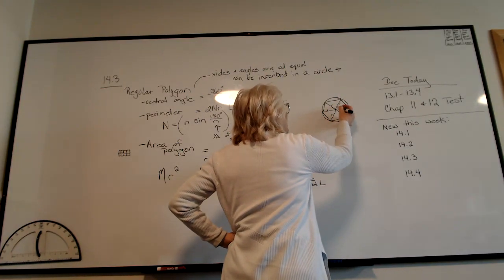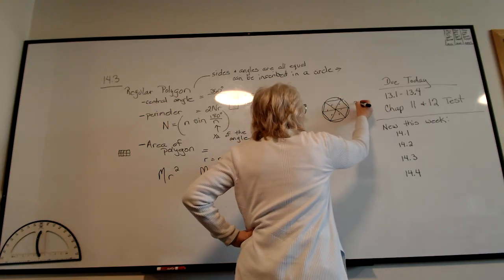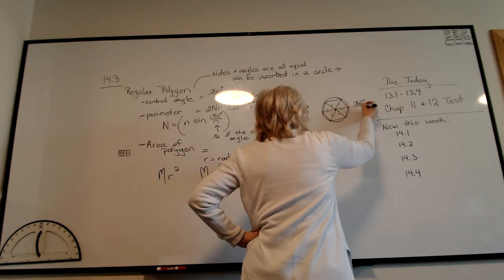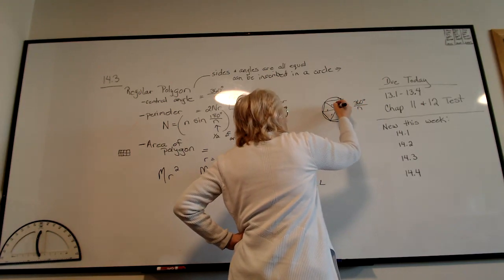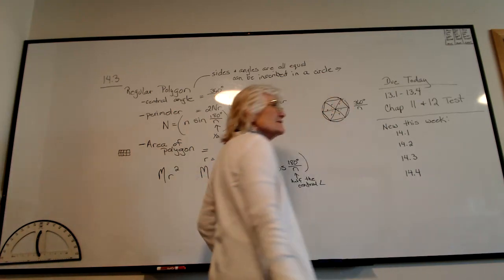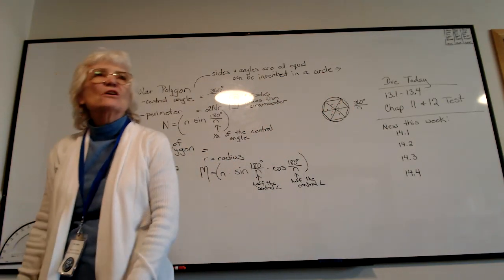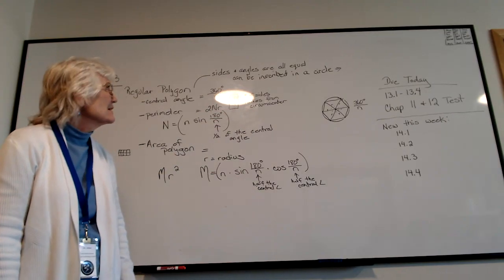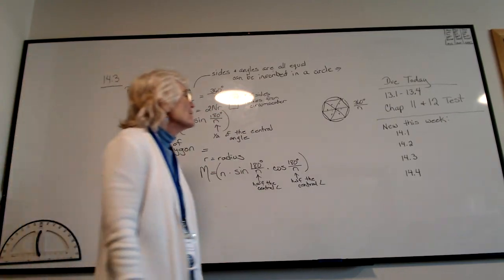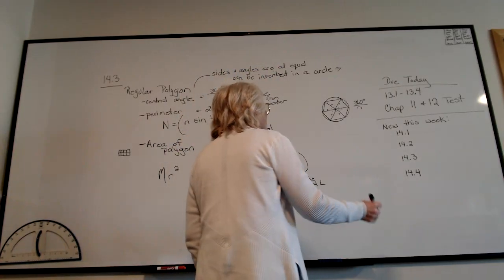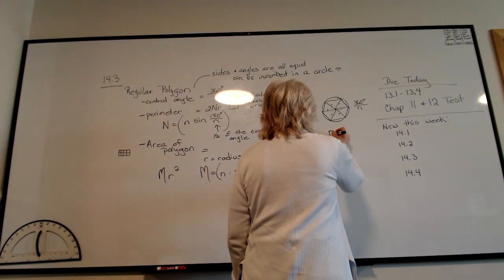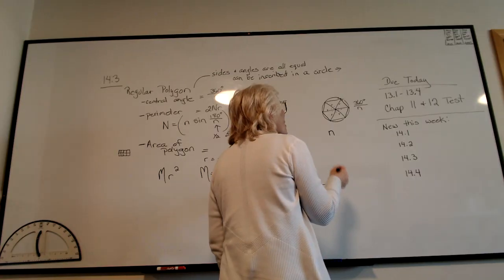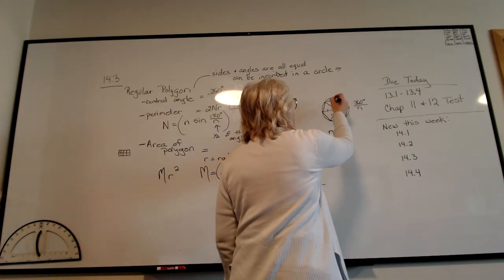We can find the central angle because it's 360 degrees divided by n, because there's 1, 2, 3, 4, 5, 6, the same amount of angles as there are sides. The reason we're going to multiply this by n is because there are going to be n triangles.